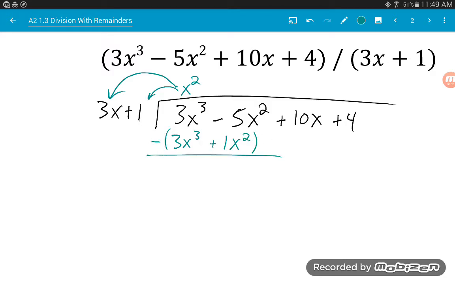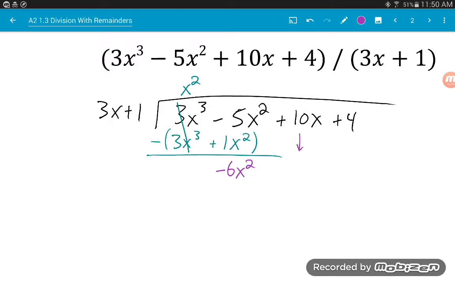Parentheses and subtract. These will cancel. Negative 5x squared minus 1x squared is going to be negative 6x squared.